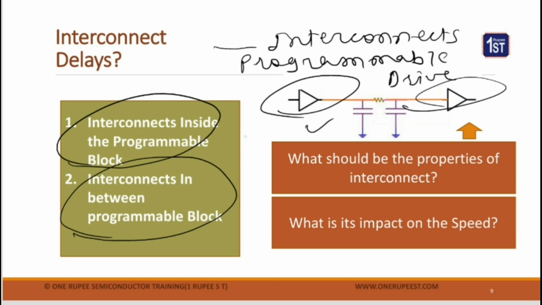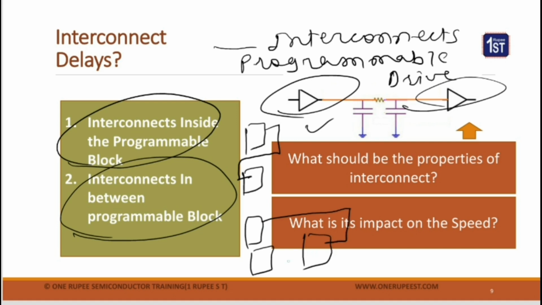That means I have multiple CLBs like this. How will they be connected? The output of this should be connected to the input of this, for example. Then there are short lines, long lines, all that. If the output of this should be connected to the input of this, or to some other CLB, there will be some sort of routing algorithm which will try to understand the interconnect delays, and then it will place the design and route the design.